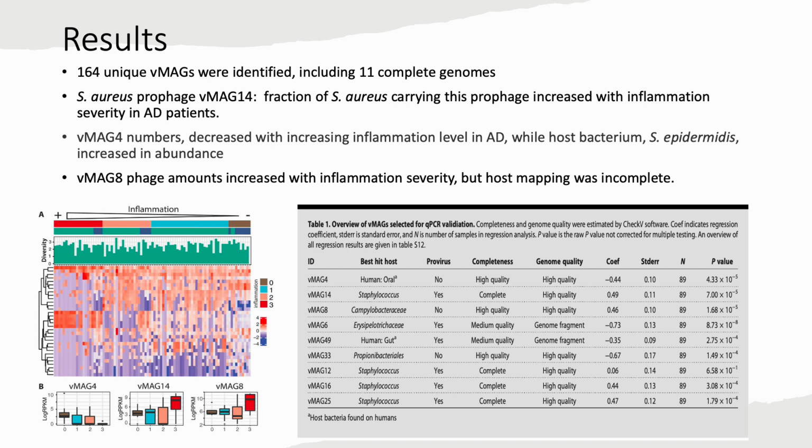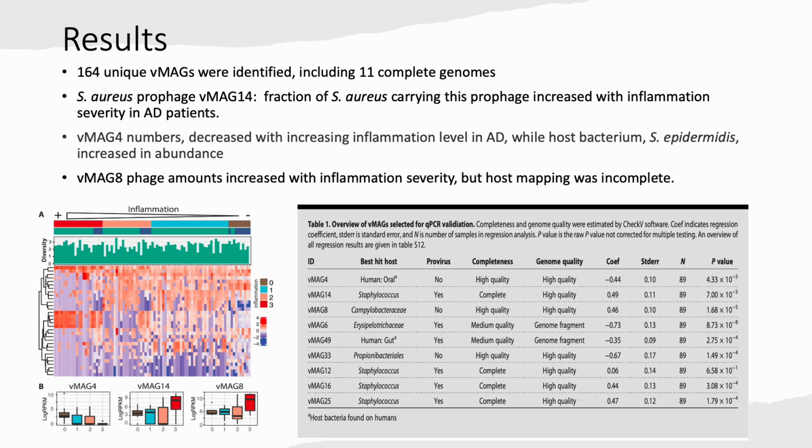So on image A and B, you can see the severity in combination with image B. You can see which VMAC or which phage metagenome corresponds to the severity of inflammation. And in the table next to it, you can see the regression analysis that they did, which basically shows how significant their results are.